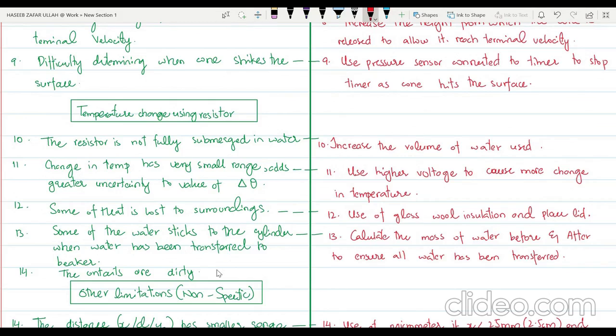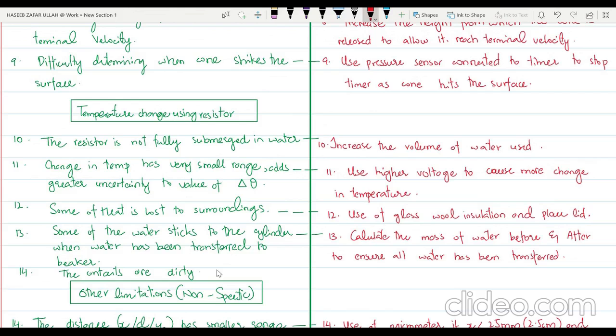to ensure that the resistor is fully submerged. The other point that can be valid is the change in temperature has a very small range, which adds greater uncertainty to the value of the delta change. In the experiment that we conducted, the temperature change was actually 2 or 3 degrees.